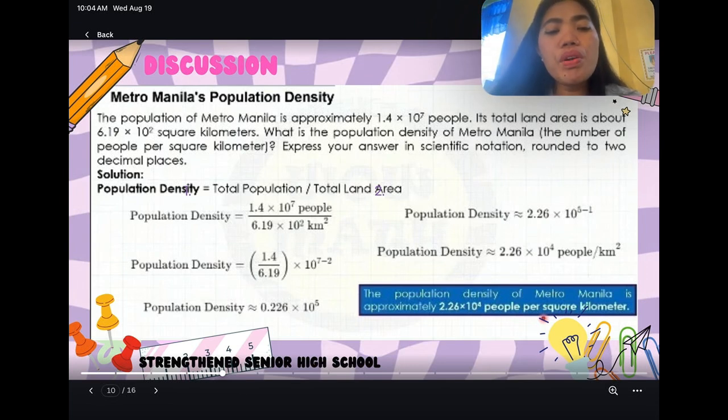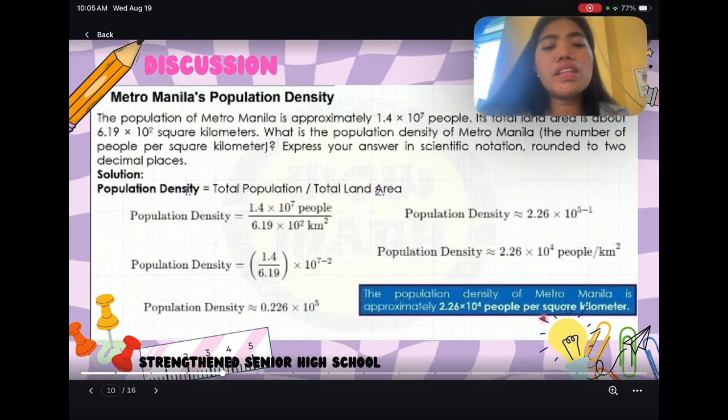So population density will be 1.4 over 6.19, and then the exponents will be subtracted: 7 minus 2. Okay? So 1.4 divided by 6.19 is approximately equal to 0.226 times 10 raised to the power of 5, because that's 7 minus 2.